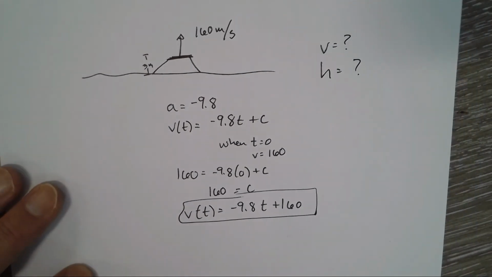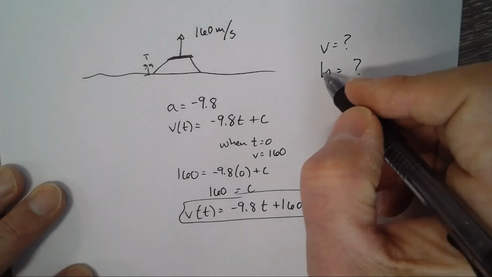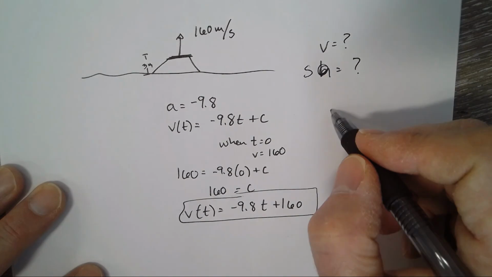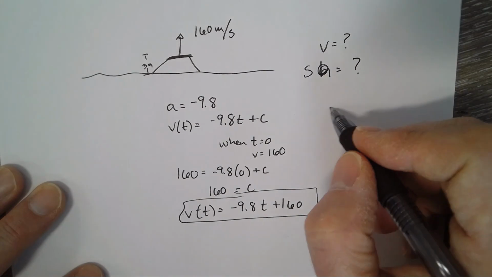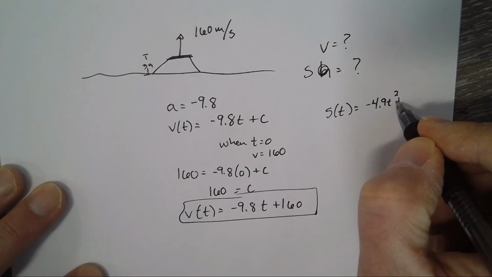So position or height, I'll say S is probably better. So S of t would be the antiderivative of that, negative 4.9 t squared plus 160 t plus c.